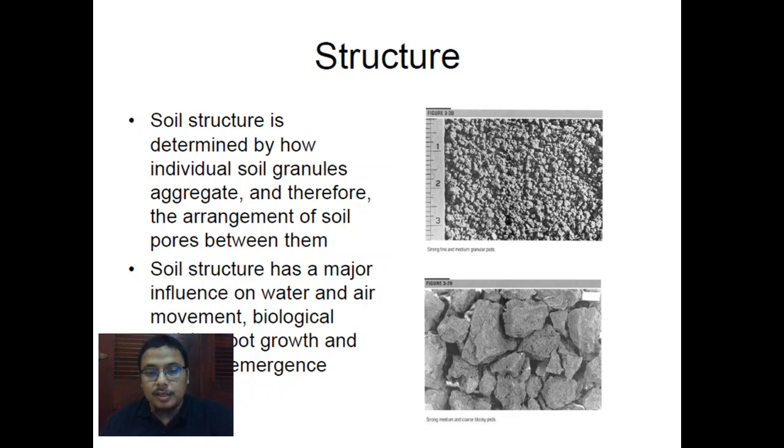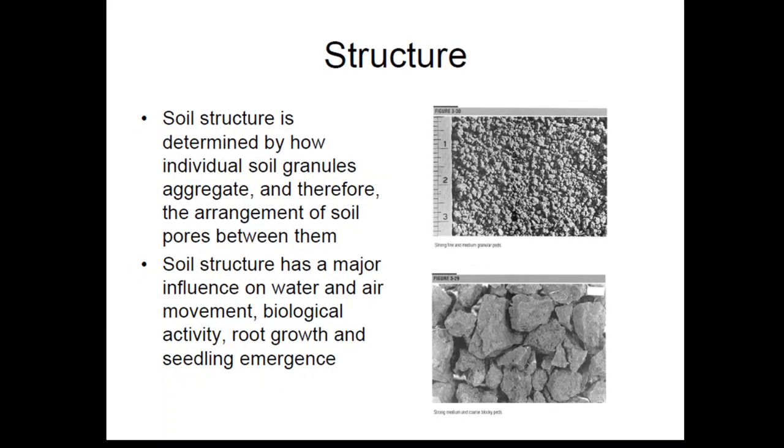So soil structure is determined by how individual soil granules aggregate, and therefore the arrangement of soil pores between them. Soil structure has a major influence on water and biological movement, biological activity, root growth, and also seedling emergence.